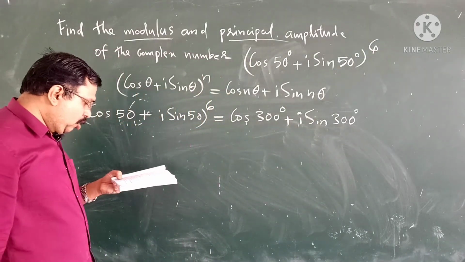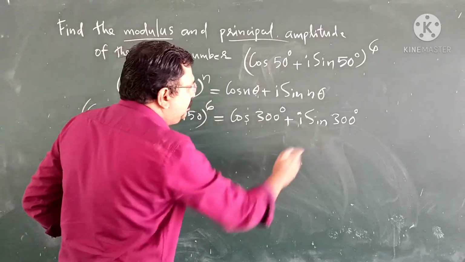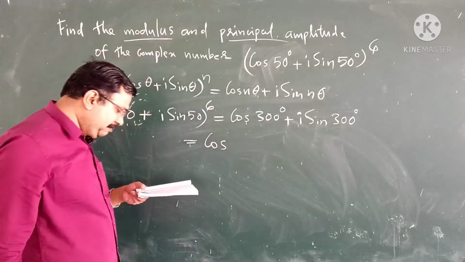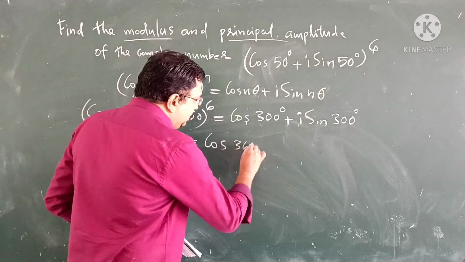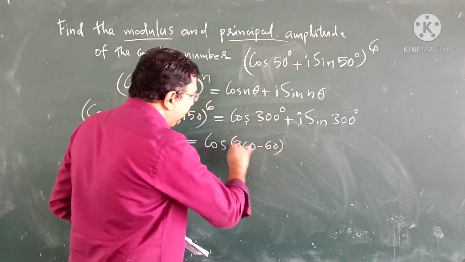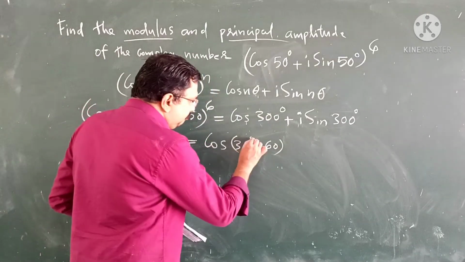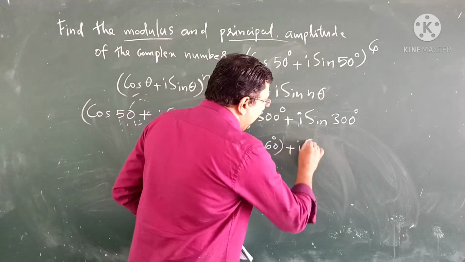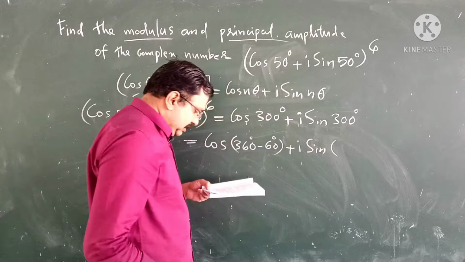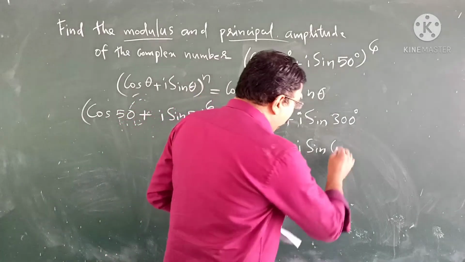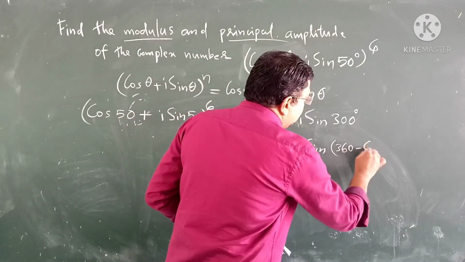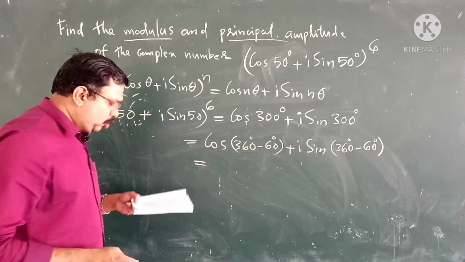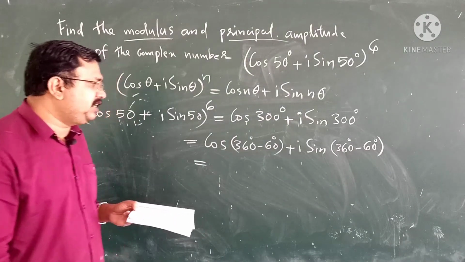Then cos 300 and sin 300. This can be written as cos of 360 minus 60 degree plus i sin of 360 minus 60 degree.